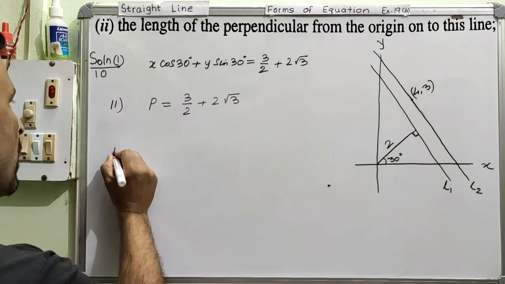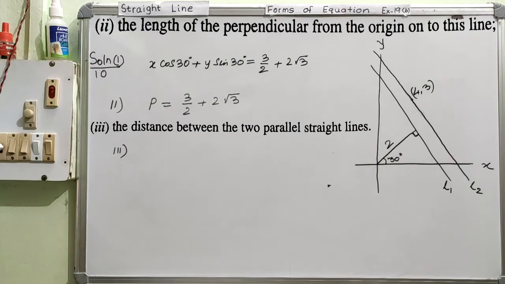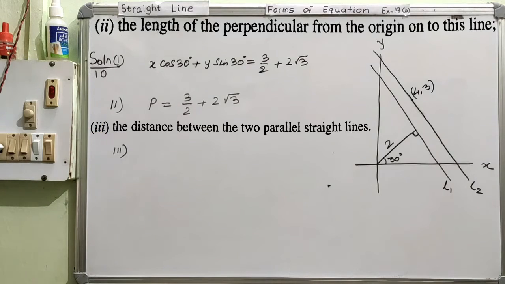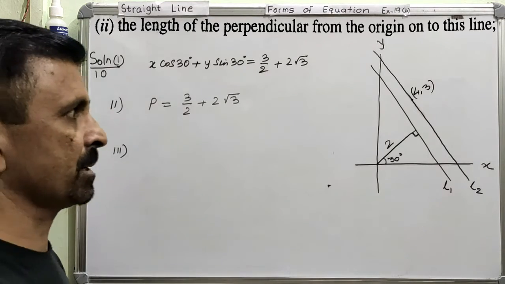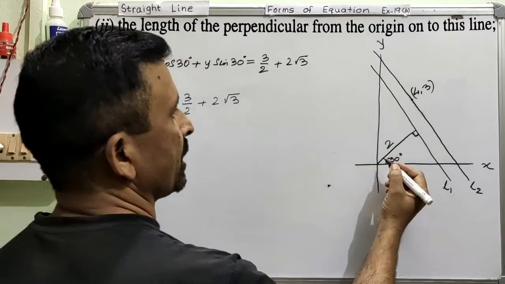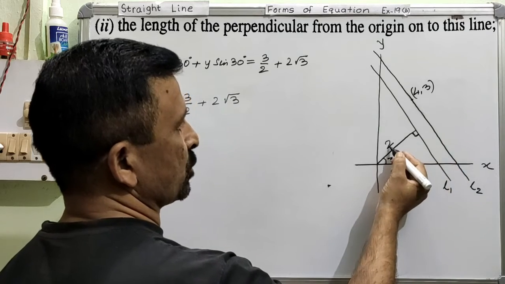Now, let us move on to part 3. Part 3 says the distance between the two parallel straight lines. So now we are trying to find out the distance between the two parallel lines. Is this very clear? Now the distance of this line from the origin is 2 units.